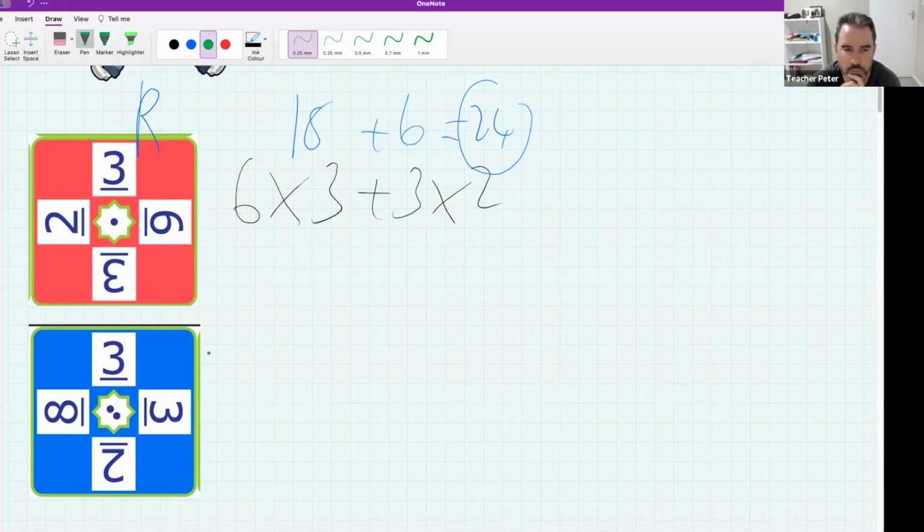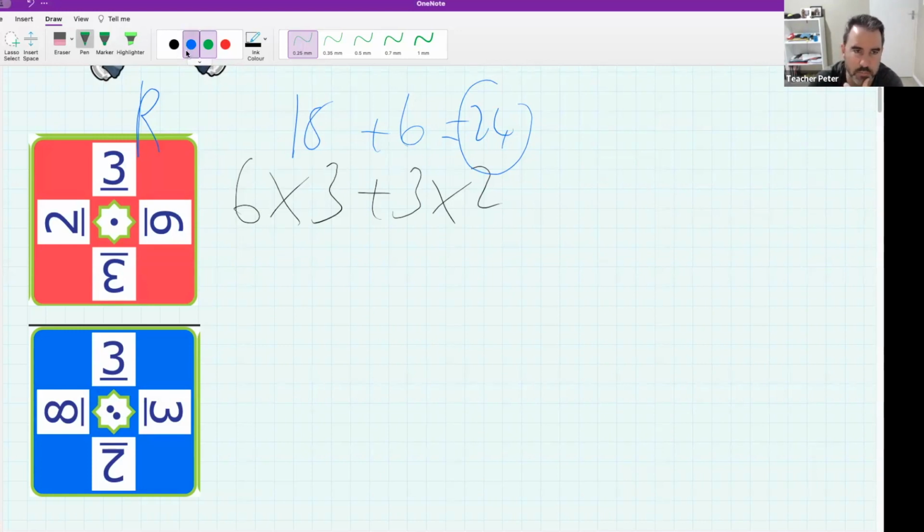Can anyone do the blue one? 8, 3, 3, 2. That's 2, 3 plus 2. 3 times 2 is 6. No. Ooh, okay. I get it.